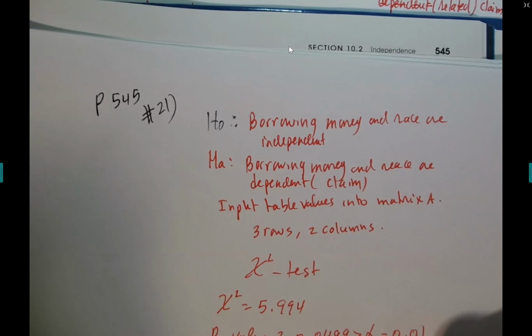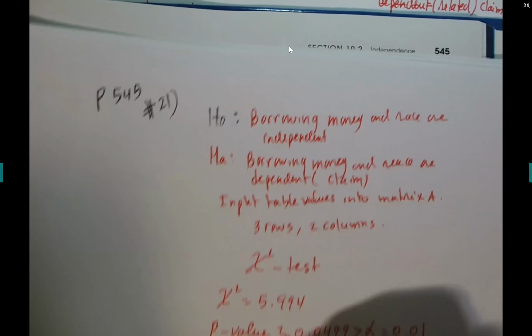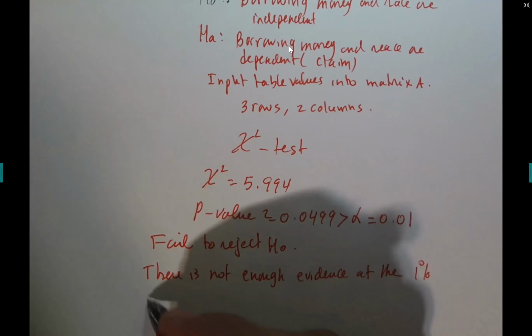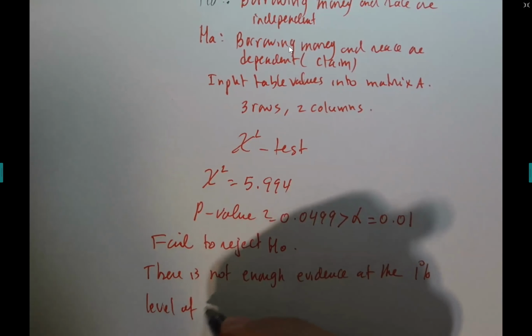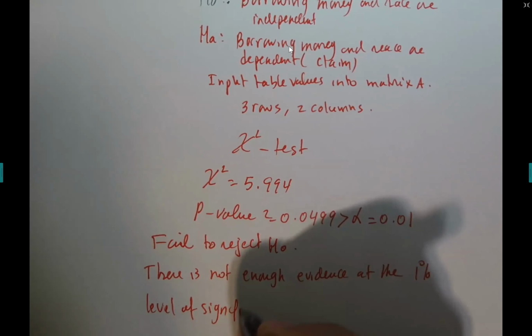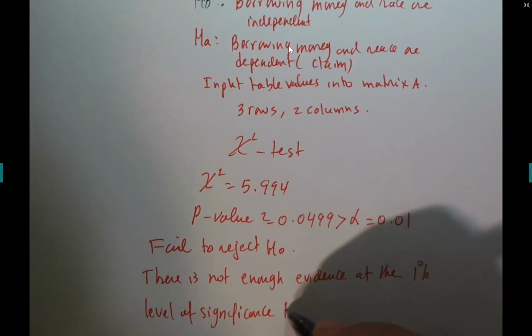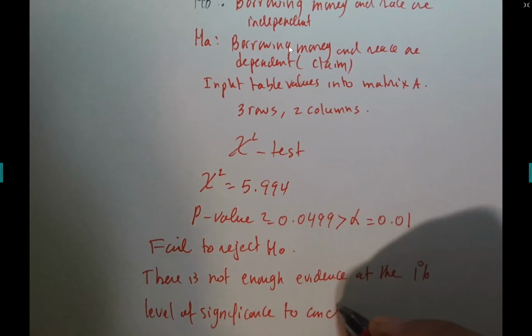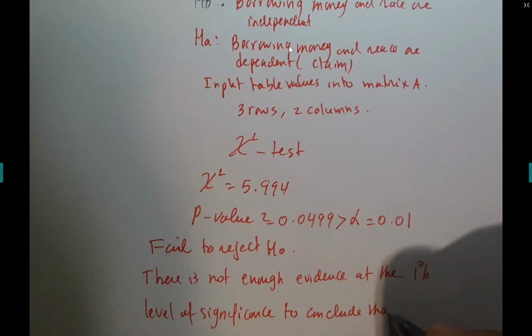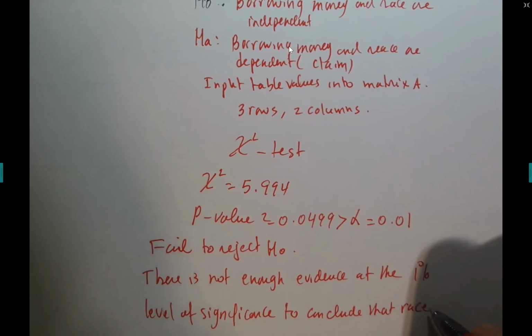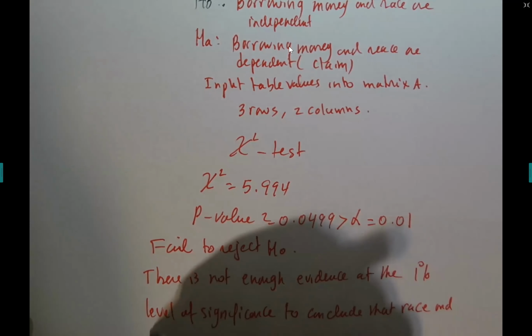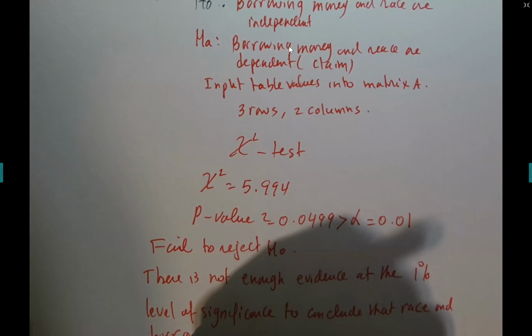At the 1% level of significance, there is not enough evidence to conclude that race and borrowing money for college are related.